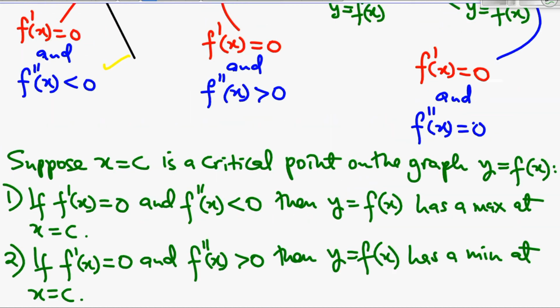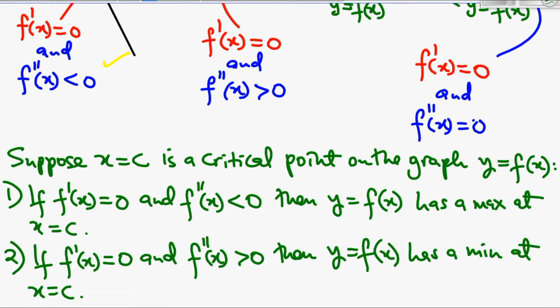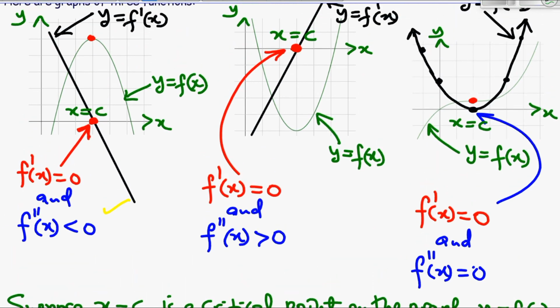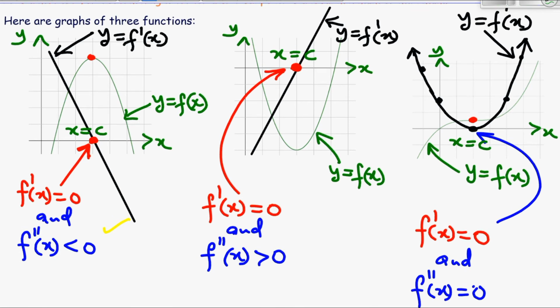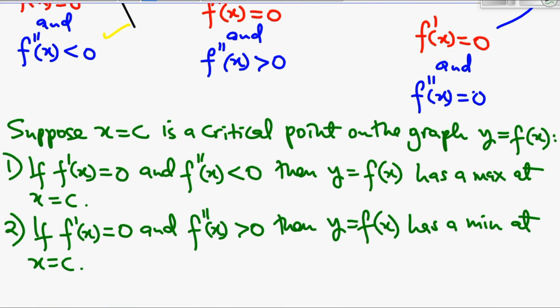Now that's what we have in the second case. We can see that f dash x is equal to 0 and the second derivative is greater than 0 because the gradient is positive. So we have a minimum point.